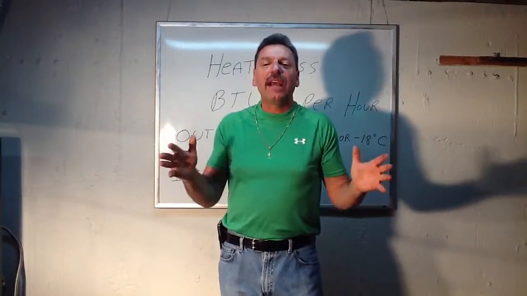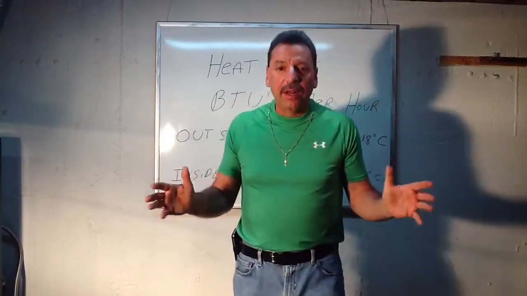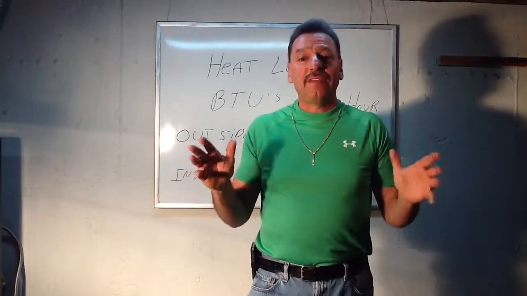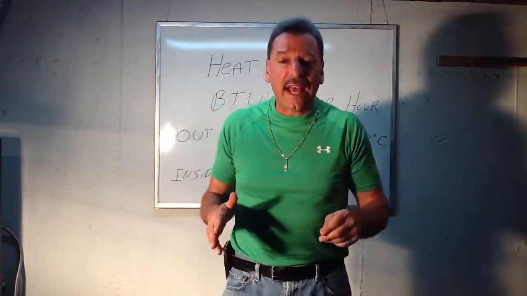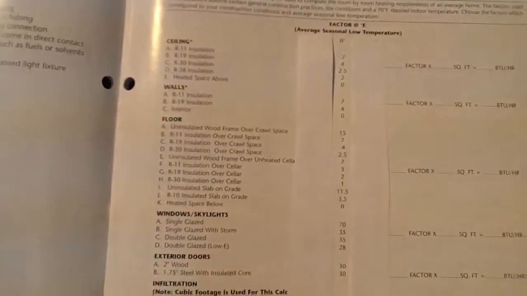But that's just a good idea of how to get to the number of BTUs so you can have an idea how to calculate. And by the way, you guys in Alaska, I didn't want to put too many numbers on the board, but I know that we did it at 0.